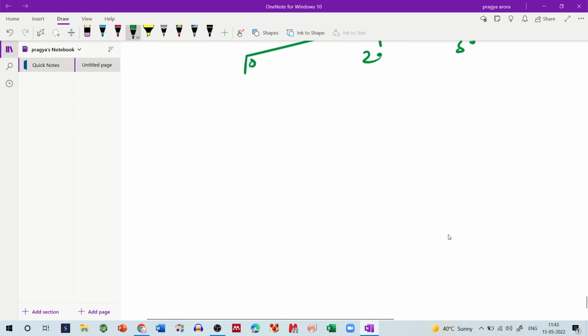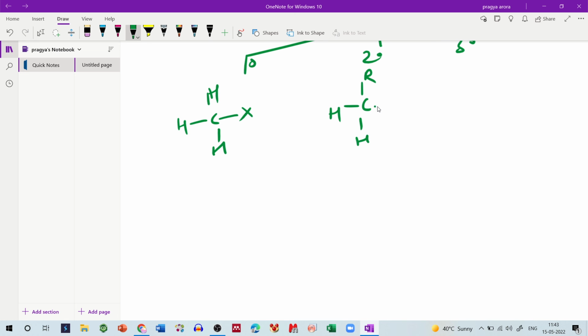A primary alkyl halide is the one where the halide is attached to a primary carbon. A secondary alkyl halide is the one where the halide is attached to a secondary carbon. A tertiary alkyl halide is the one where the halide is attached to a tertiary carbon.